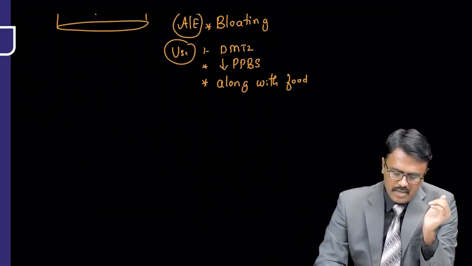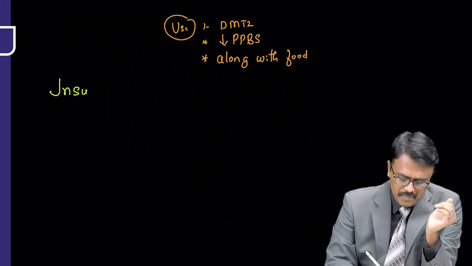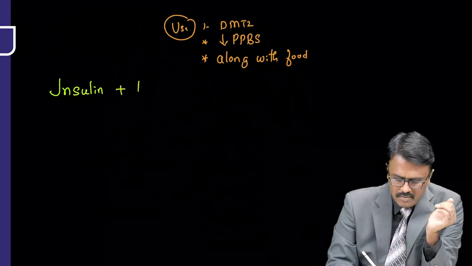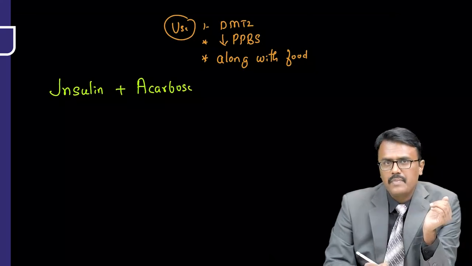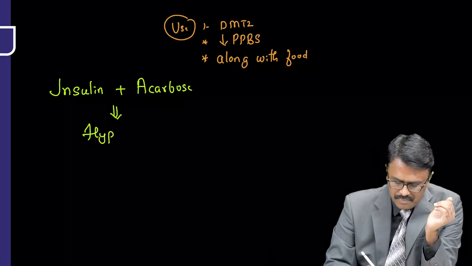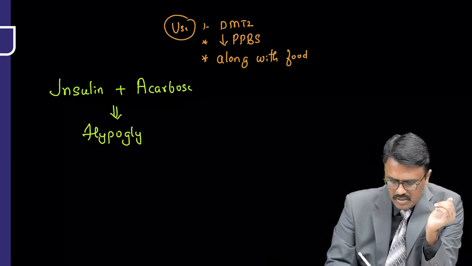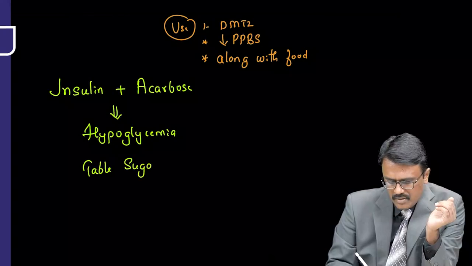One more clinical application they can ask in the exam. Suppose the patient is on insulin and the patient is taking acarbose. And the patient now presents with hypoglycemia. The question here is, if he has hypoglycemia, can we correct that with table sugar?